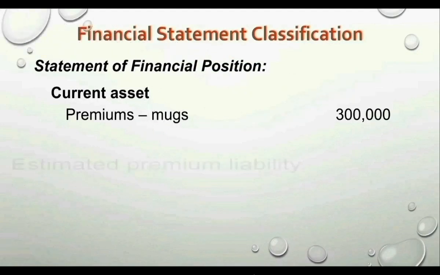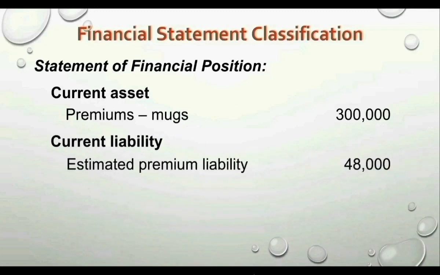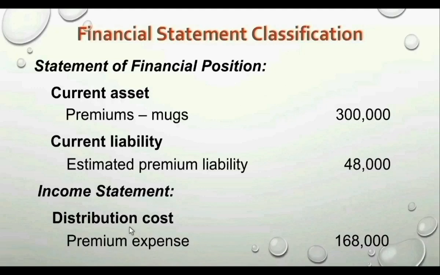Estimated premium liability is a current liability, while premium expense is classified as distribution cost in the income statement or statement of comprehensive income. Premium expense is a distribution cost because, as you learned at the beginning of this lecture video, offering premiums to customers is a promotional activity intended to stimulate the sale of merchandise.